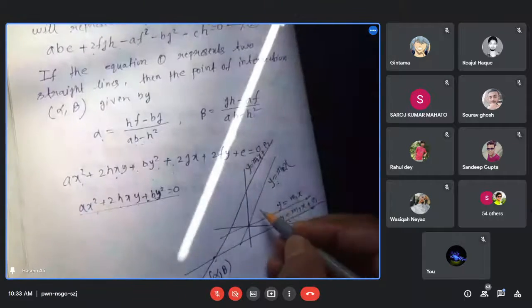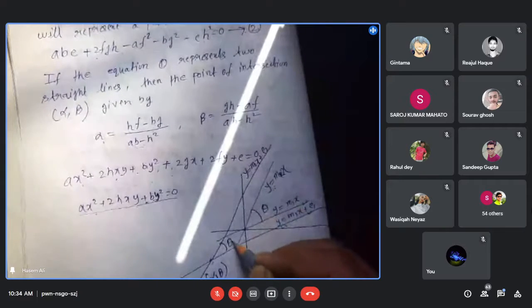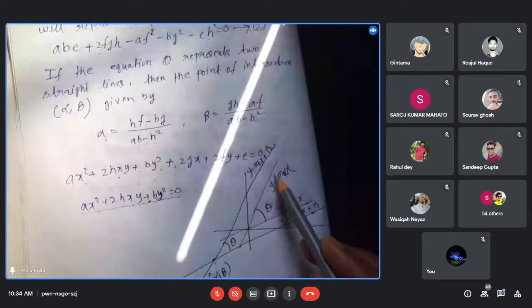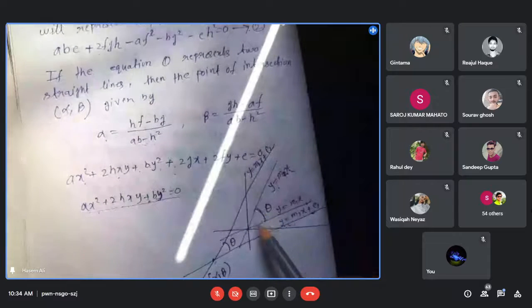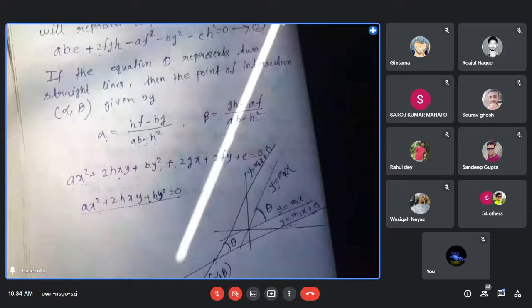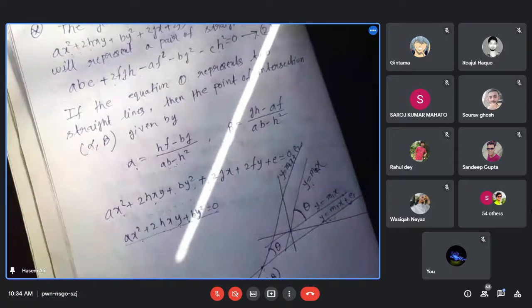Now see this, this angle theta and this angle theta will be the same because these straight lines are parallel, so the angle will be the same. And what is the angle in our previous case?